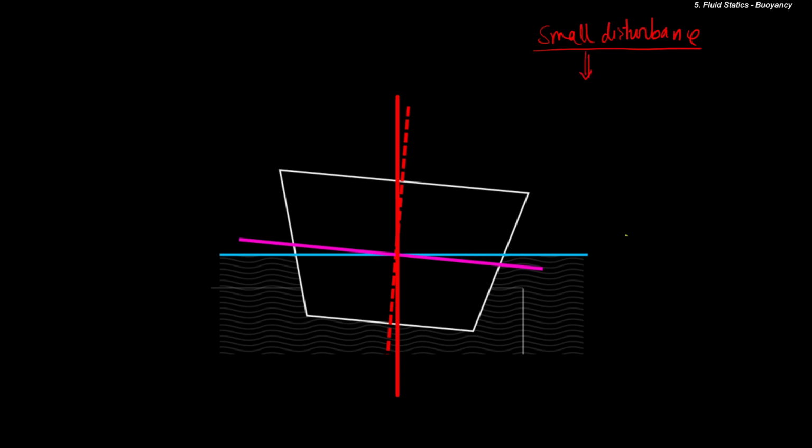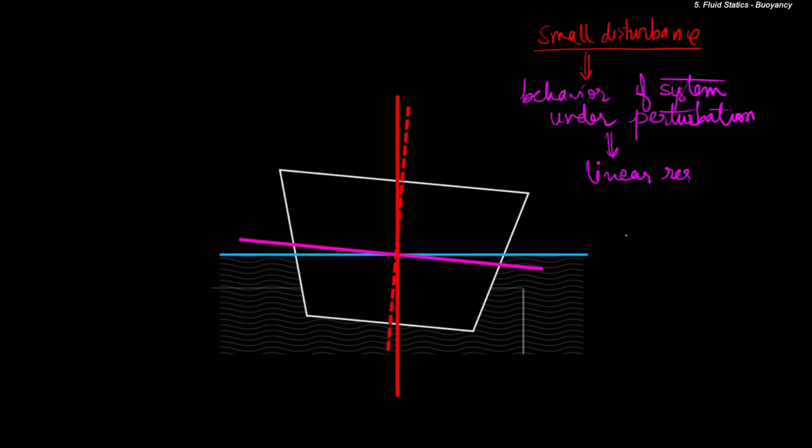So this small disturbance is to understand the behavior of the system under what we say as a perturbation. And this kind of response is called a linear response.